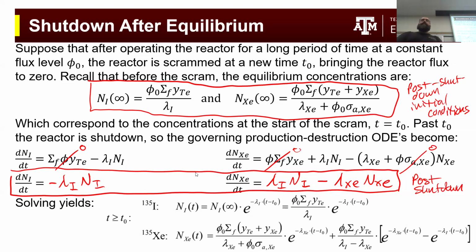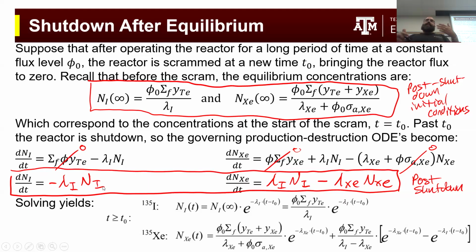So if I say at time t naught I've shut the reactor down, and I were to use these as my differential equations, with these as my initial conditions at t0, then I would end up getting that the iodine equation is going to look like a decaying exponential, which is hopefully what we would expect from a differential equation like this.